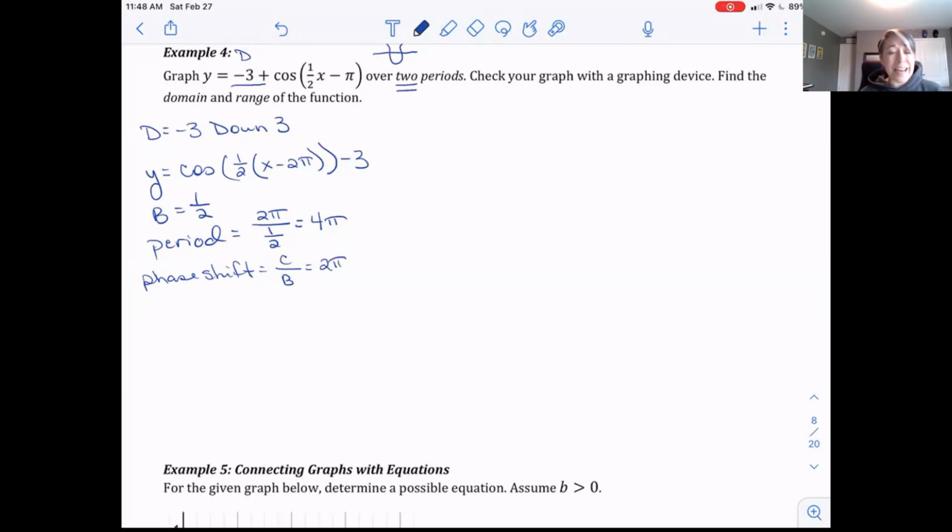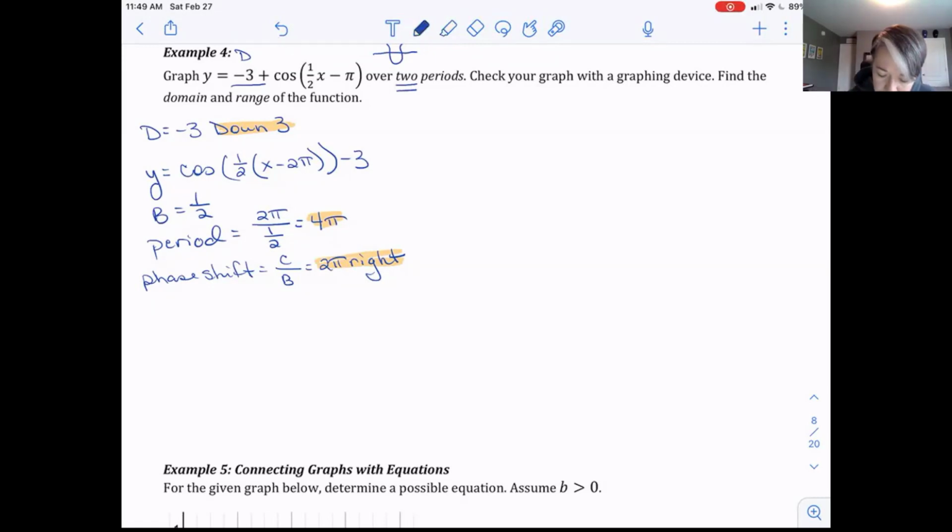And since it is a -2 pi, that means we're going to move right 2 pi. So we have a lot of things going on here. We're going to move down 3. We have a new period. We have a phase shift, but no reflection or stretch or compression, or at least no stretch or compression vertically.